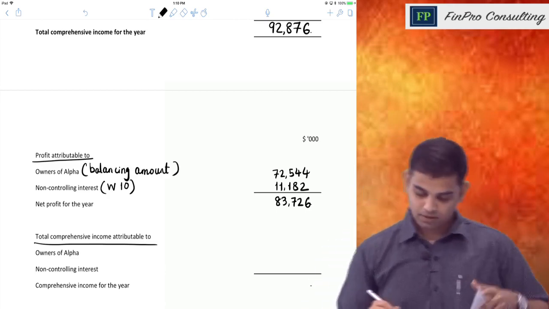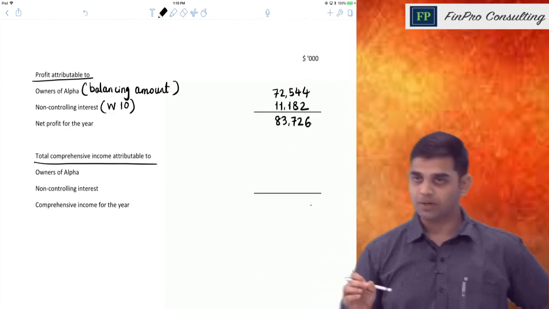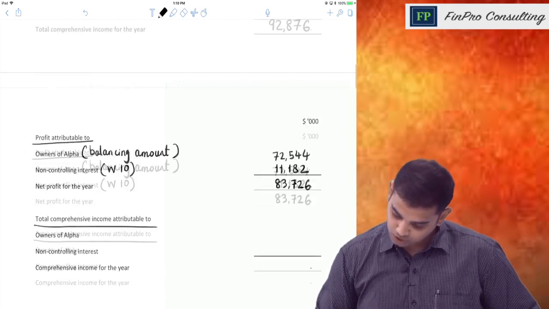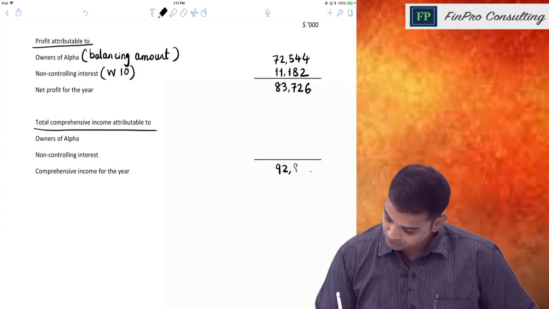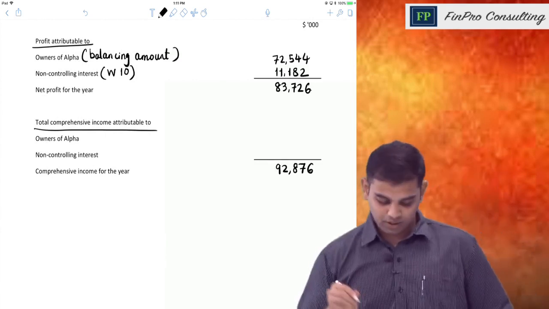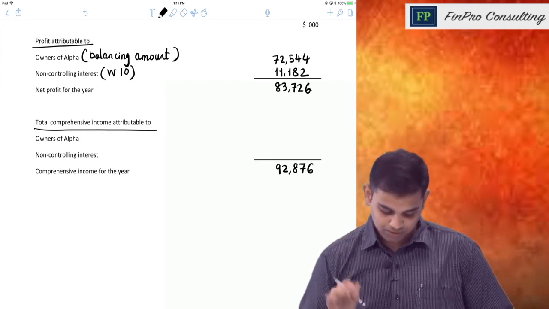Okay. Now similarly, we also have to compute the total comprehensive income attributable to owners and non-controlling interest. So the total is 92,876. Now first again we will compute for non-controlling interest and then the balancing figure will be owners.